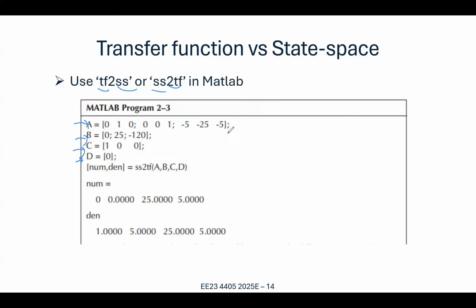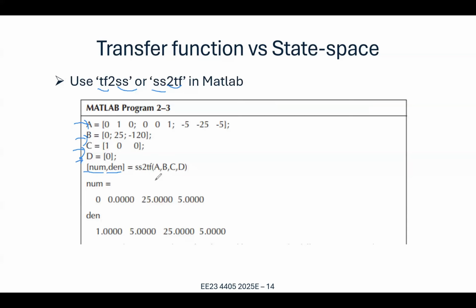So the ss2tf or the state space to transfer function uses the inputs A, B, C, D, and the numerator and the denominator here would be the numerator and the denominator of the transfer function.